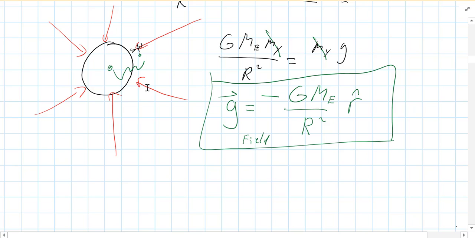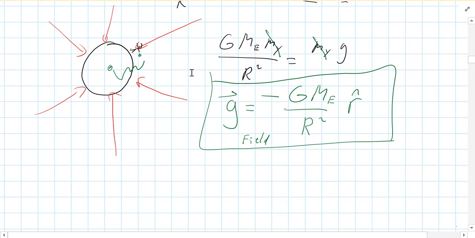But for now, one way to think of this is that the Earth affects the space around it, and this is a measure of how affected that space is. If you put something in that space, it will move or it will feel a force, because of the Earth affecting that space. So we'll get off of that for now.